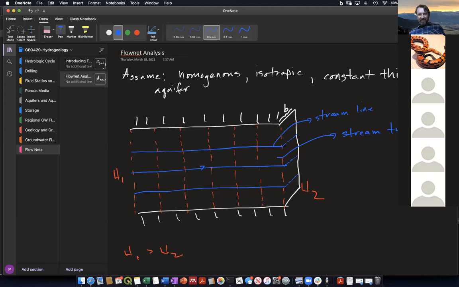All right, so it's this region here. This stream tube is bounded by these two streamlines. And we're going to give streamlines the symbol phi. In previous years, I've used the symbol psi, but that's really confusing because we're going to use psi for pressure head. So I'm going to call it phi this year.